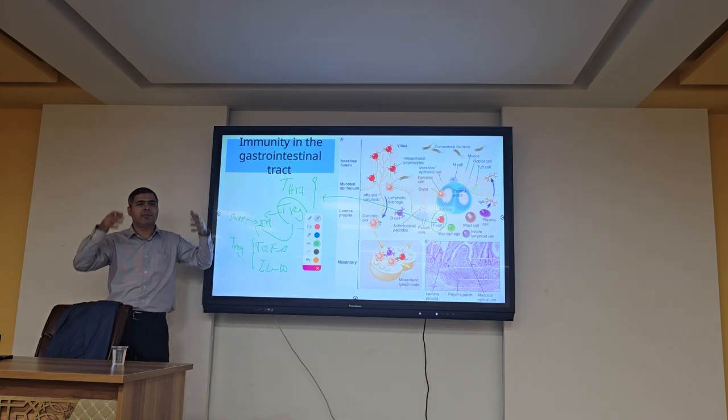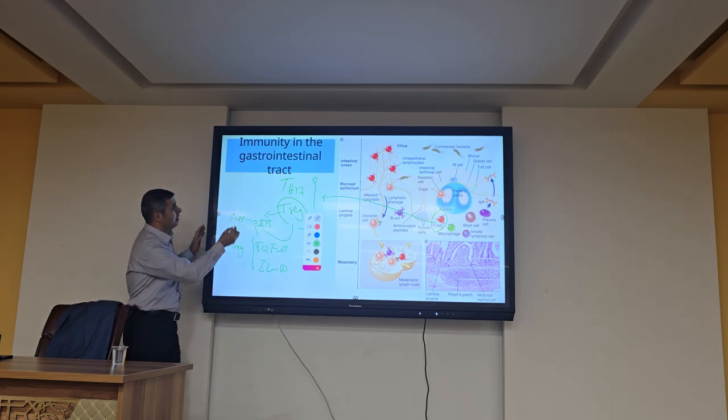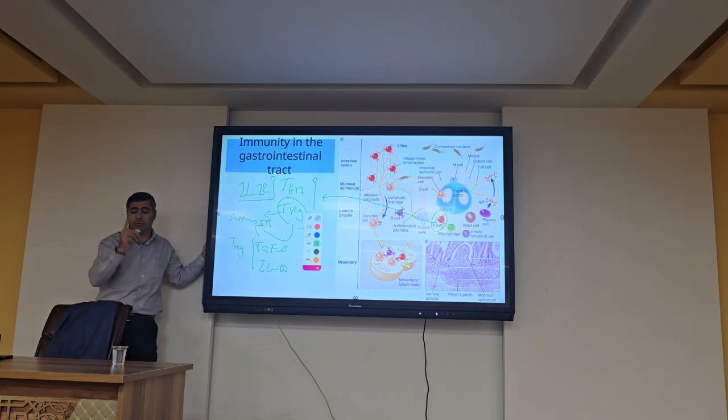But whenever we have a pathogenic bacteria, the story will change and we will have inflammation. Besides, Th17 will produce a very important cytokine, interleukin 22, IL-22.